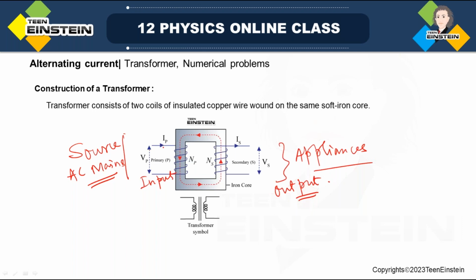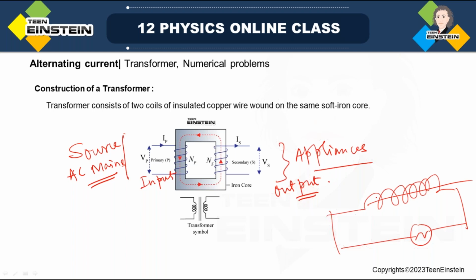So whenever you have a coil of wire and there is alternating current passing through it, there will be flux linked with the coil, and that flux changes since the current is changing, because you have supplied the AC mains to the primary. So the linked flux will change with the current.